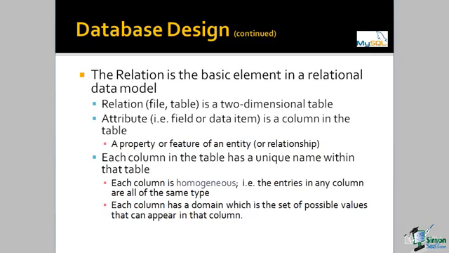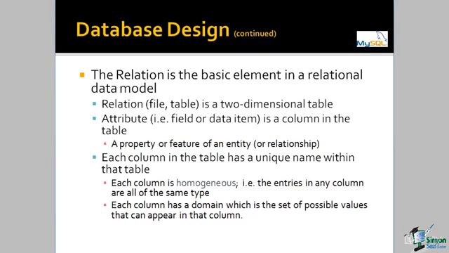A relation is basic to entity relation diagramming. The relation defines the connection between any two data elements. When we build our ER diagram, we're going to have entities, the entities are going to have relations with one another, and the entities will have attributes which translate to the columns in the table. Each column, each attribute, must be uniquely named within the table.